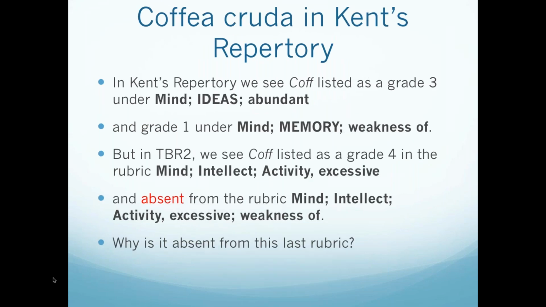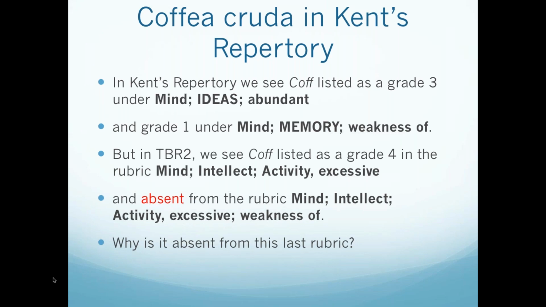So in Kent's repertory, we see coffee listed as a grade 3 under mind, ideas abundant, and grade 1 under mind, memory, weakness of. Okay, so Kent's listing both of them. He gives it a grade 1 under weak memory.